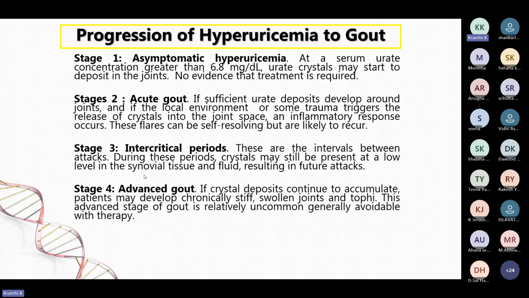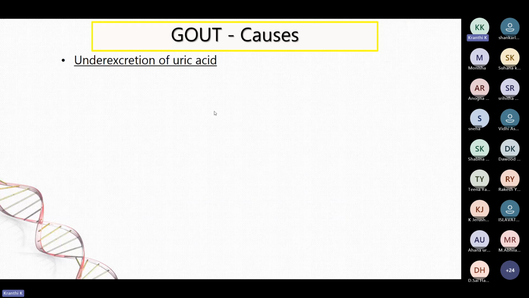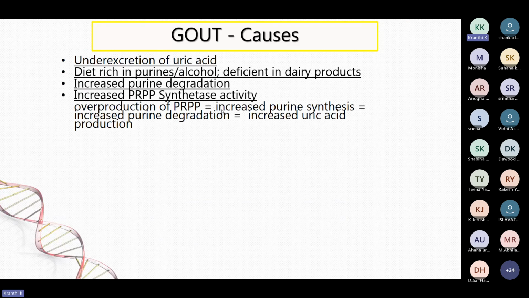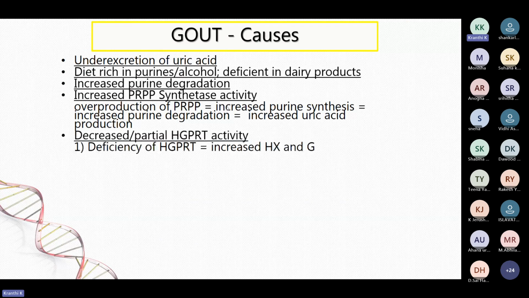Then these are the intervals between attacks. During these periods, crystals may still be present at a low level in the synovial tissue and fluid, resulting in future attacks also. Advanced gout means how this hyperuricemia is converted to gout. I think it's not that much needed.